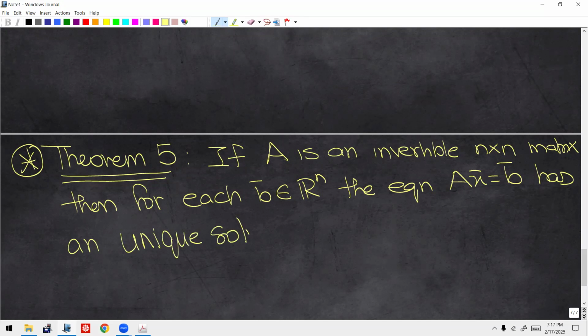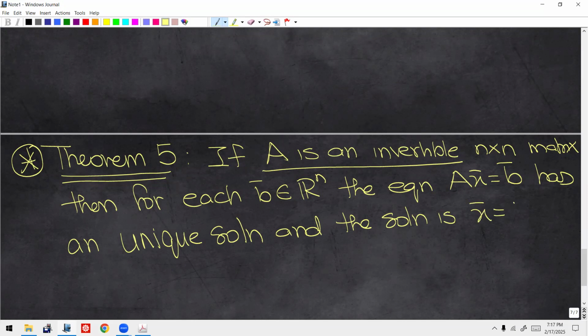So you're guaranteed a unique solution if A is invertible. And not only do we get the unique solution, we know what it is. The solution is x bar, remember we're trying to find x, is equal to A inverse times B.